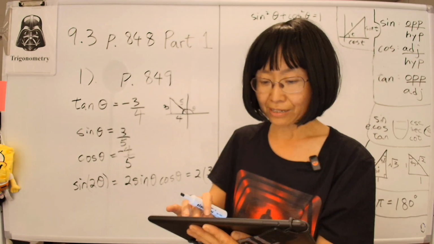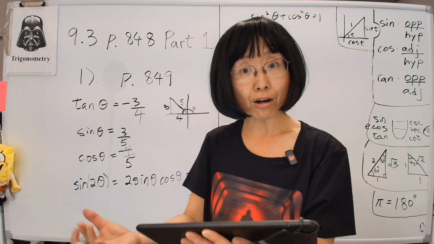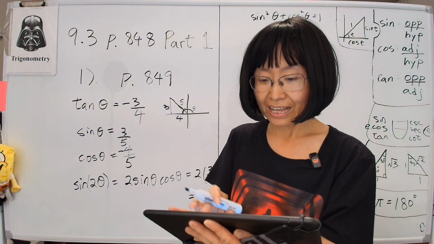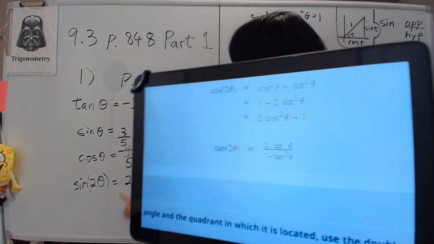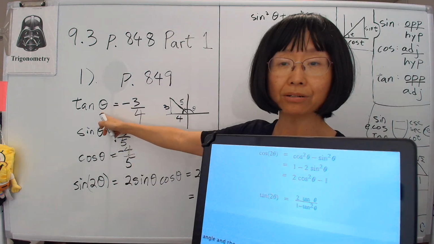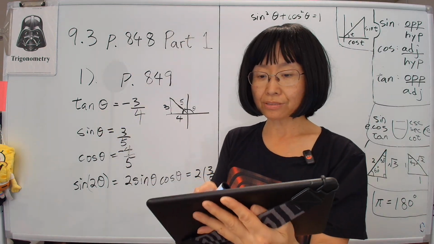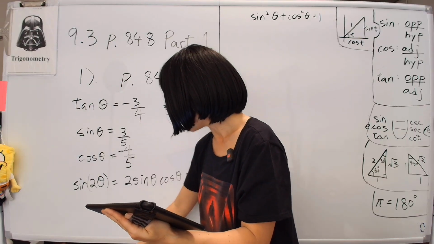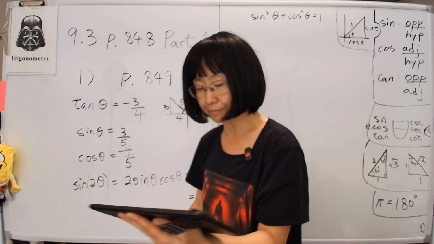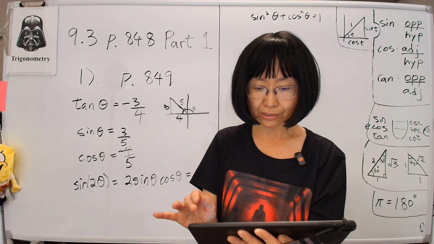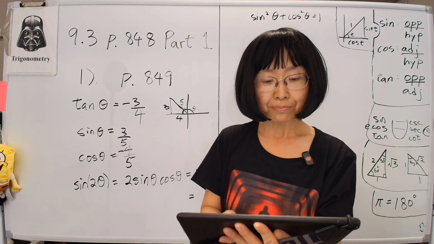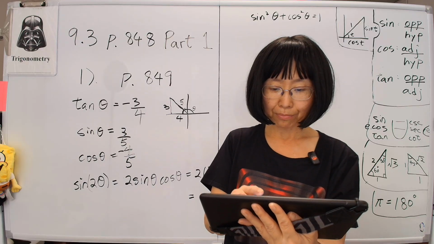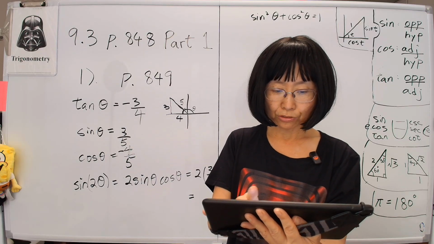Pick one, it doesn't matter, they will all provide the same right answer. They better. Then for tangent, you just plug the tangent value that was already given into the tangent formula to calculate the answer. So please do that yourself, and the book gives explanations. We will move on to the next example, which is example 2.